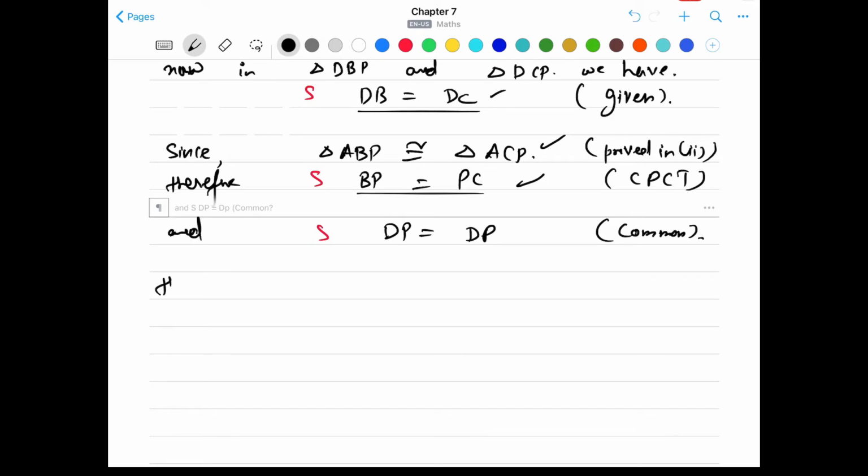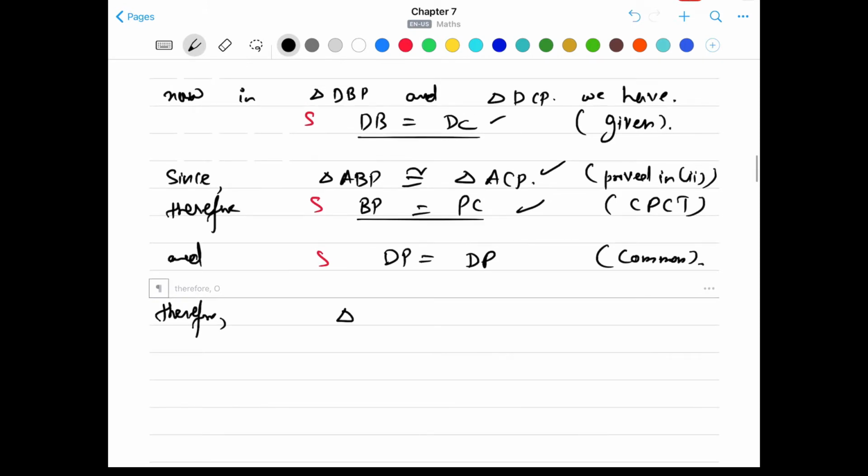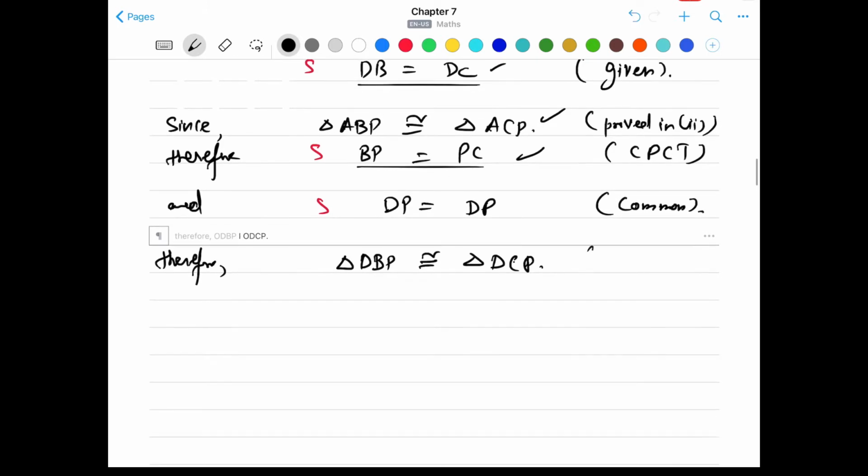Therefore triangle DBP is congruent to triangle DCP by the congruence rule.